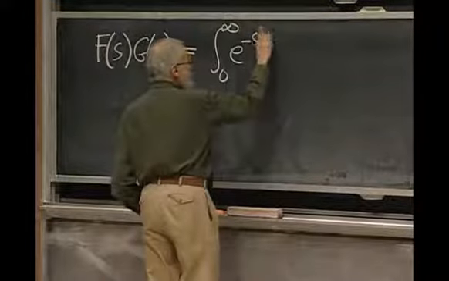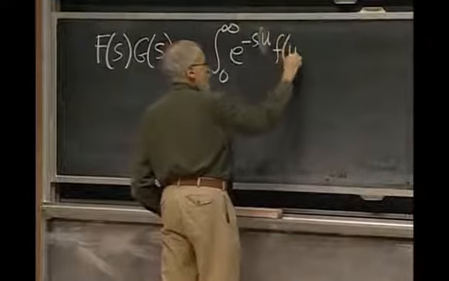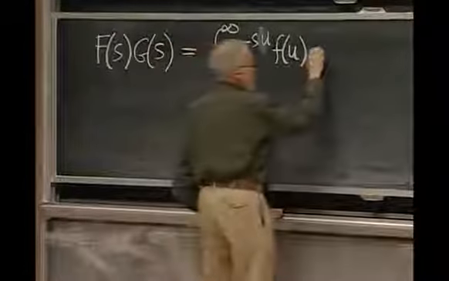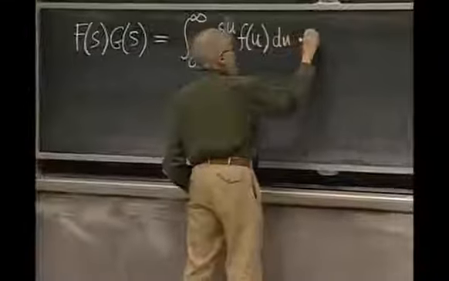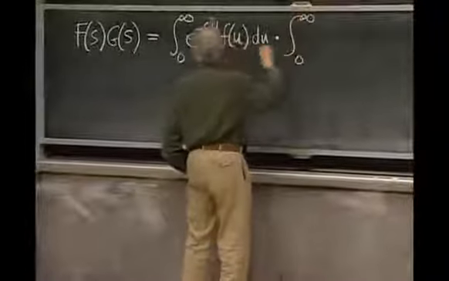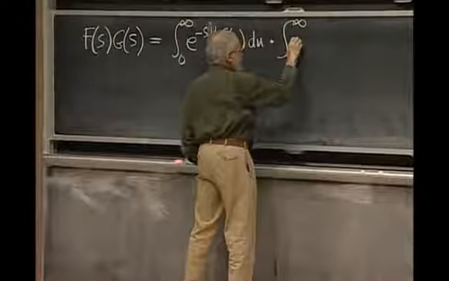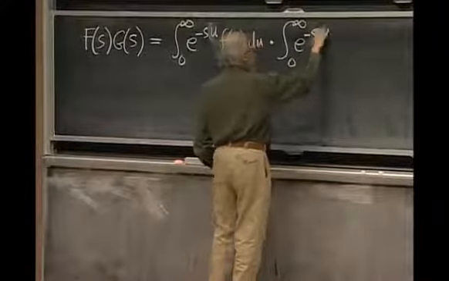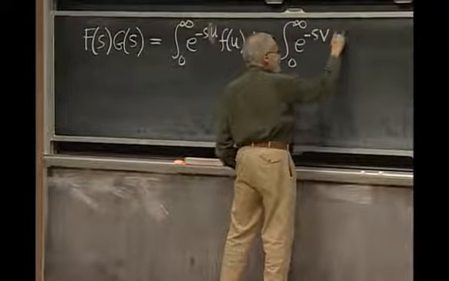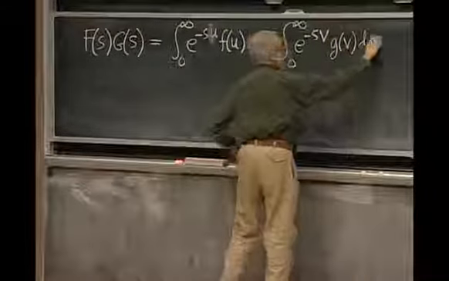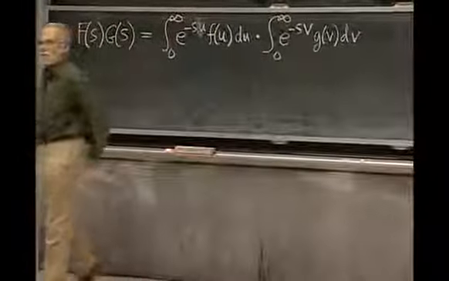After all, the t is just a dummy variable anyway. You'll see in a minute the wisdom of doing this. So it's this times the integral which gives the Laplace transform of g. So that's e to the negative sv, let's say, times g of v dv. Okay, everybody can get that far.